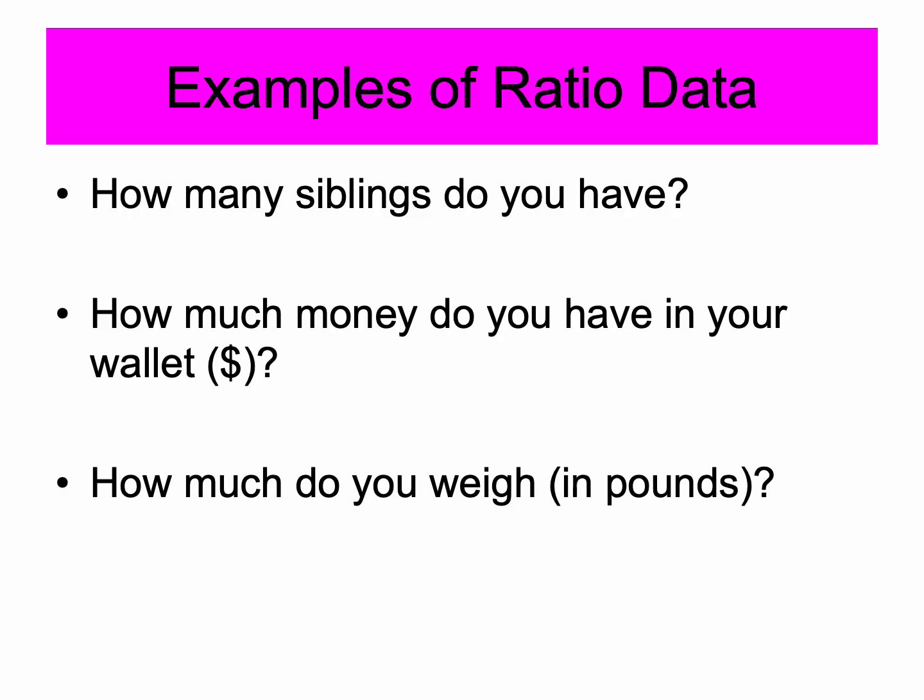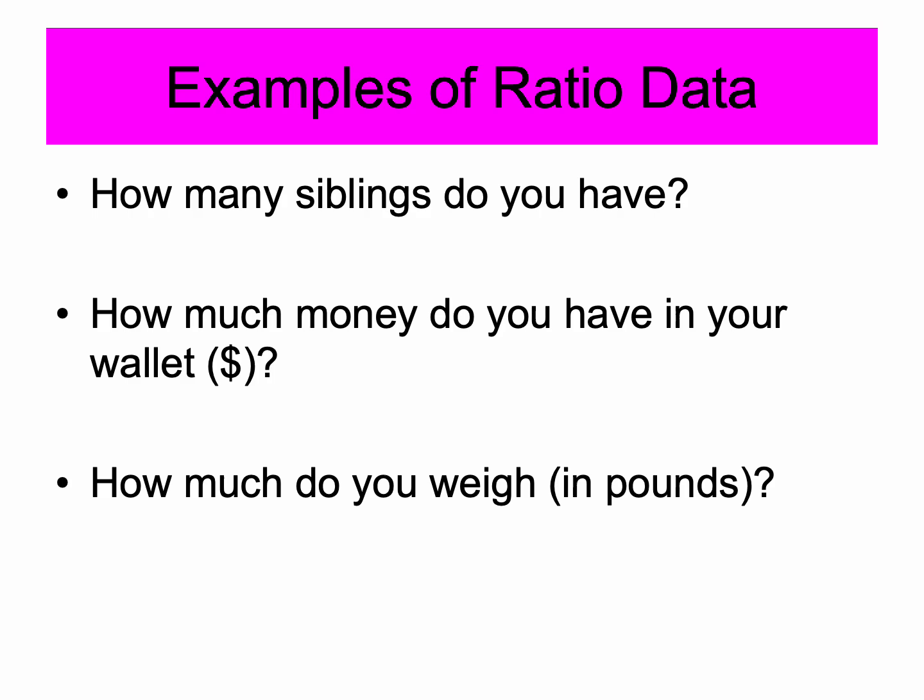There are actually none, right? 0 is not arbitrary, it means none. You can also have ratio comparisons. Someone that has 4 siblings has twice as many as someone that has 2 siblings. Right, so if you can make those kind of ratio comparisons and 0 means 0, you know you're working with ratio and not interval data. Same thing with how much money do you have in your wallet.